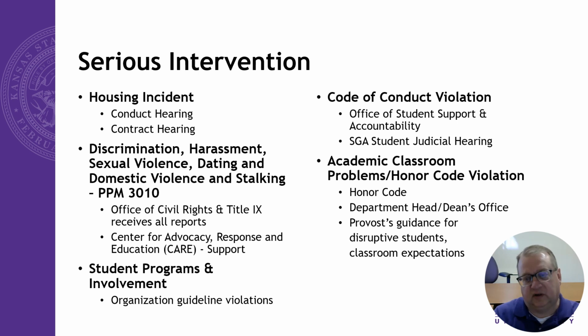For the code of conduct, there could be an Office of Student Support and Accountability or an SGA judicial hearing. And if there's an academic honor code violation, that goes through that process. So there are multiple processes that aren't at the level of a threat but could be addressing serious behaviors as well.